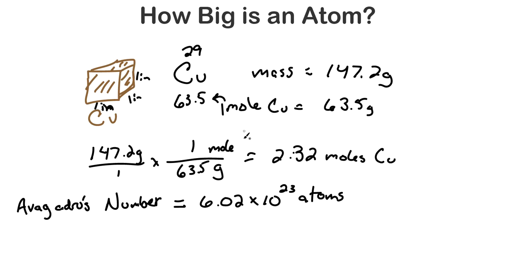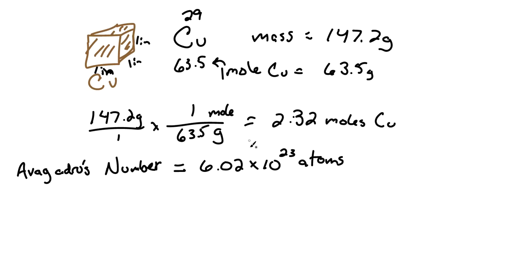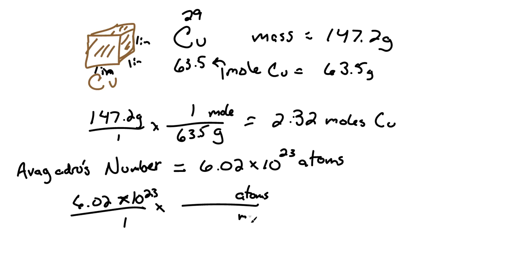So since we know our number of moles, we can figure out how many atoms we've got. So if we take our 6.02 times 10 to the 23rd, put that over 1, multiply that by what we want to get. We want to get atoms on top. We want to get rid of moles.